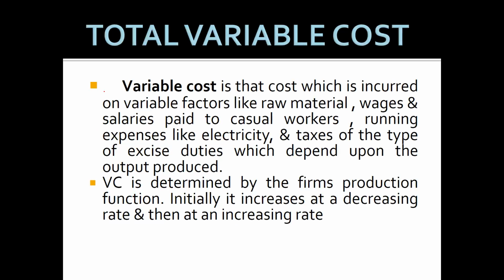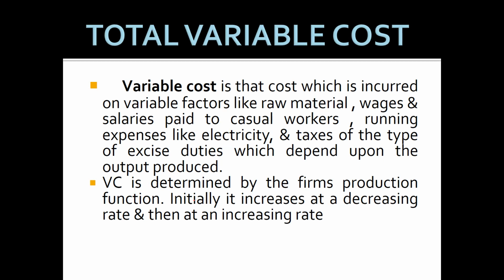Total variable cost means the cost which is incurred on variable factors like raw material, wages and salaries paid to casual workers, and running expenses like electricity and taxes of the type of excise duties, which depend upon the output produced.